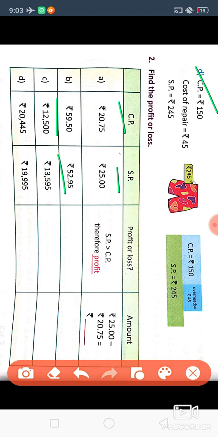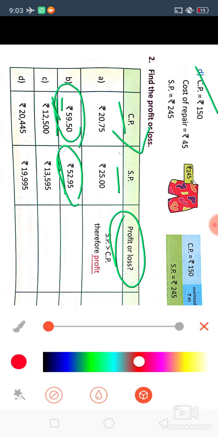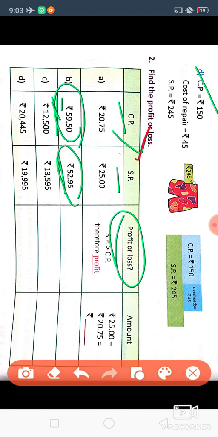Now we have to find whether it is profit or loss. From here only you can say whether 52.95 is greater or 59.50 is greater. 59.50 is greater, that means CP is greater than SP, isn't it? So there will be loss.